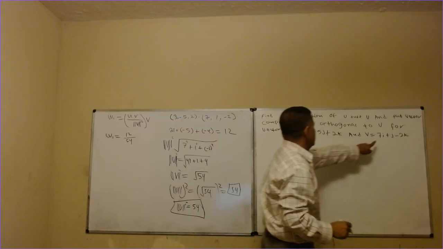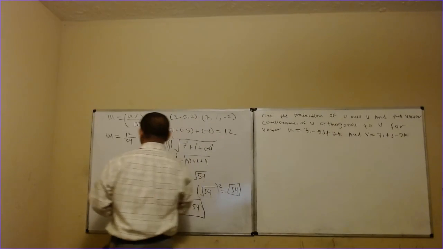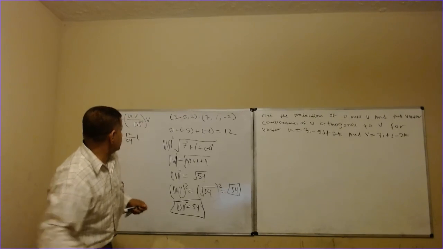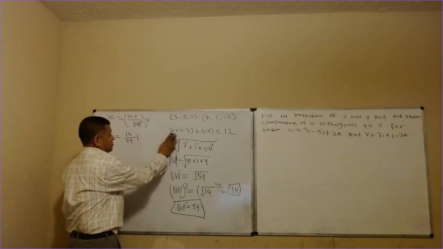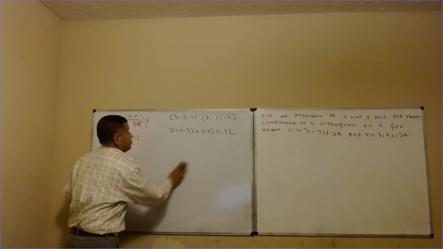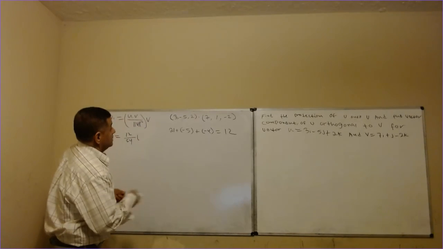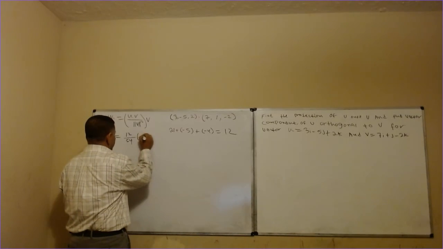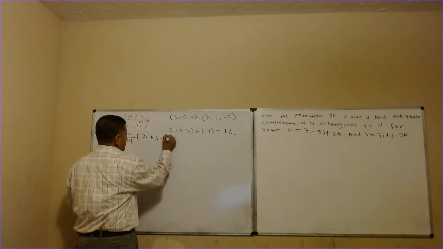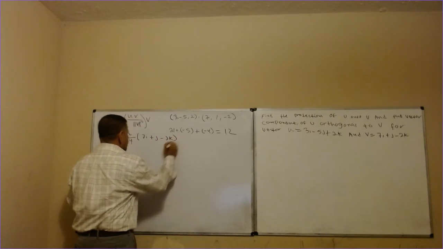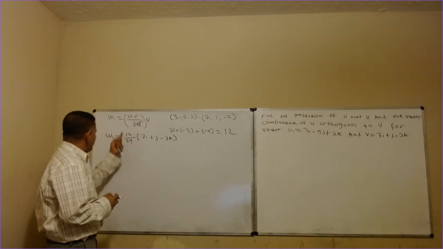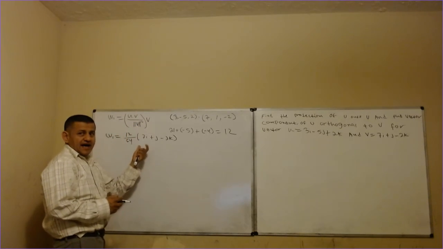Well, vector v is this, so times vector v, which is nothing but 7i plus j minus 2k, right? Now, what is the formula telling me? The formula is telling me that after I do this operation, I have to simplify.